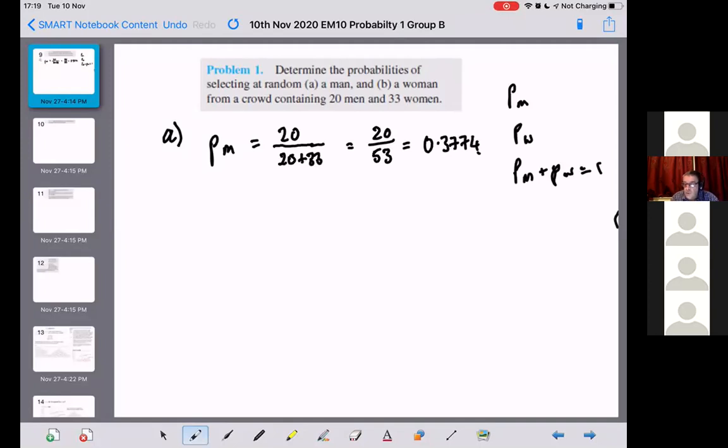Then you've got 2 ways to find PW, the probability of being a woman. You can go PW is 33 over 53, which is 0.6226.